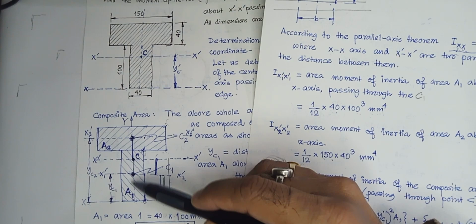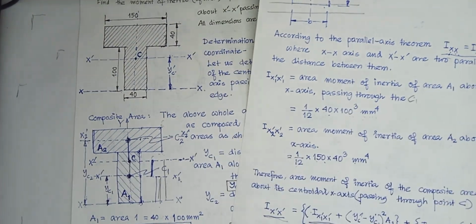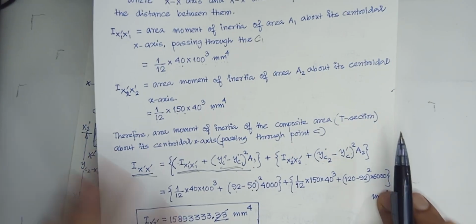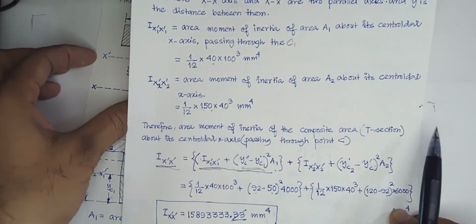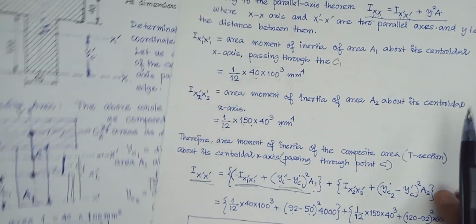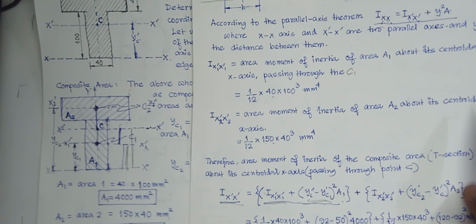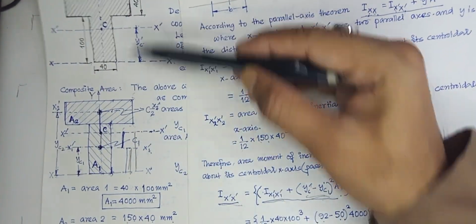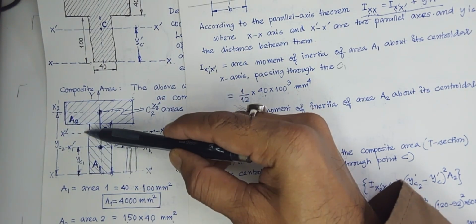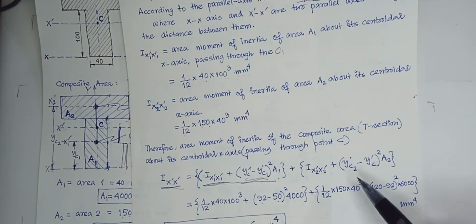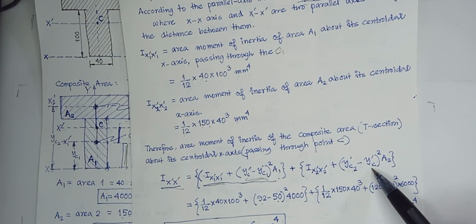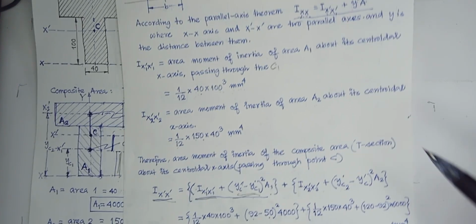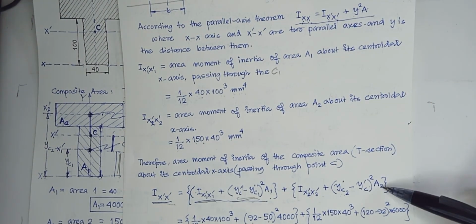Therefore it will be yc2 minus yc prime, clear, I guess? So it is yc2 minus yc prime whole square, multiplied by A2.